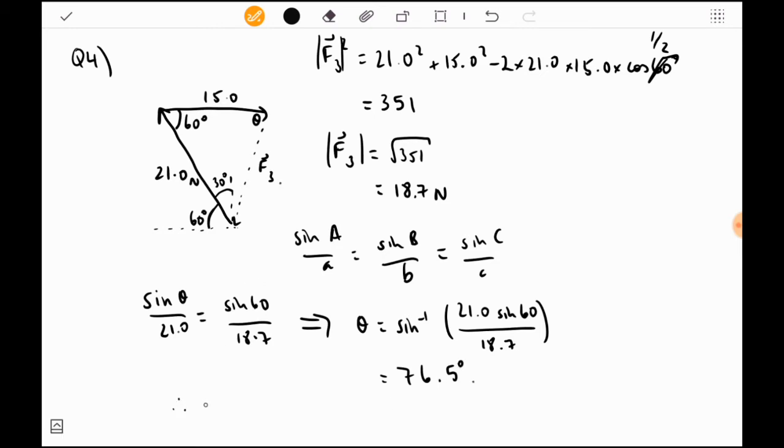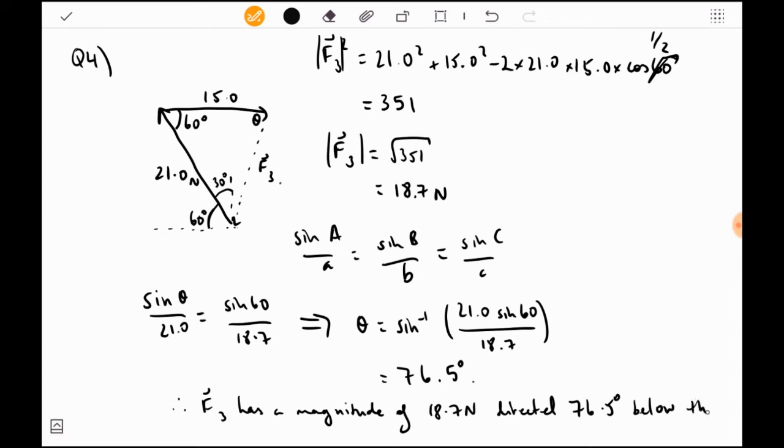So therefore, I can say that F3 has a magnitude of 18.7 newtons directed 76.5 degrees below, spell things correctly, below the x-axis, I should say below the negative x-axis.